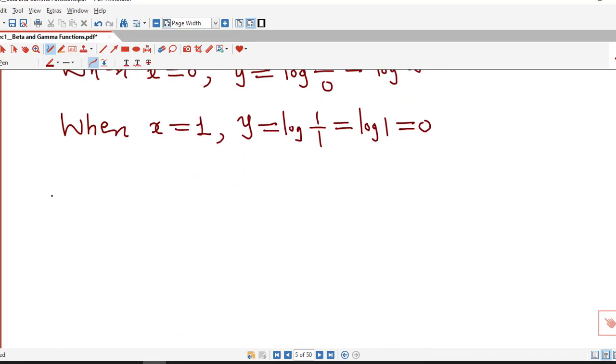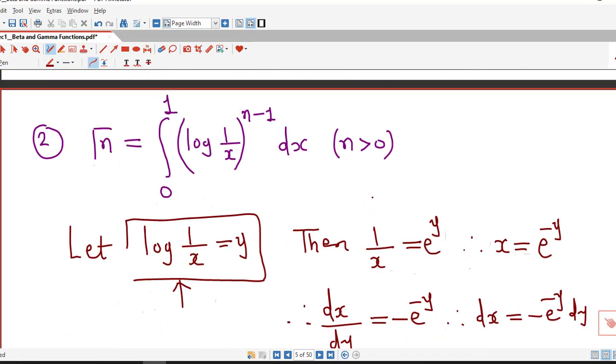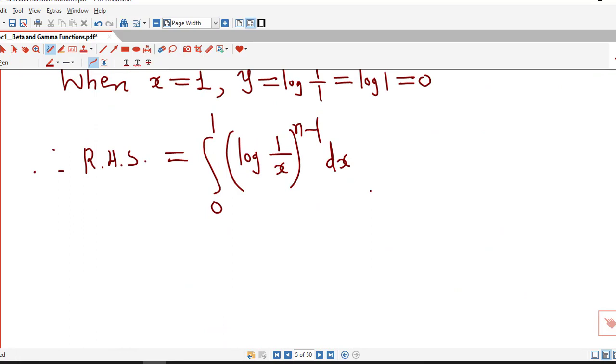So now using all these things, let's see what our right hand side becomes. The right hand side is the integral from 0 to 1 of (log of 1 by x) raised to n minus 1 dx. When x is 0, y is infinity. When x is 1, y is 0.